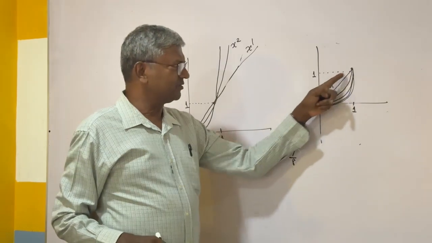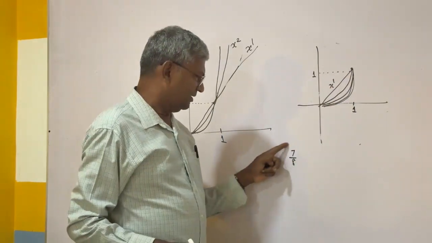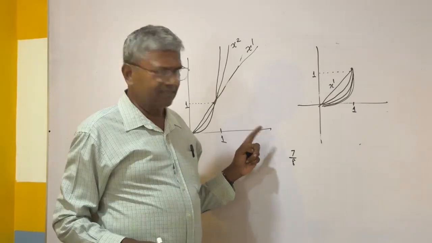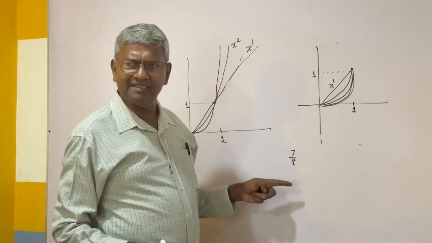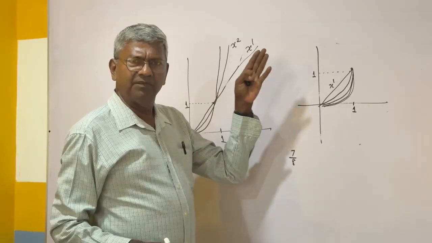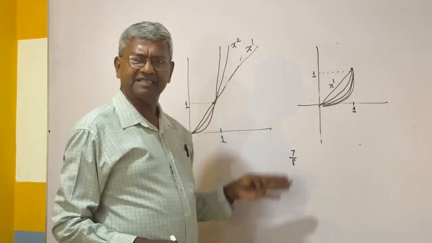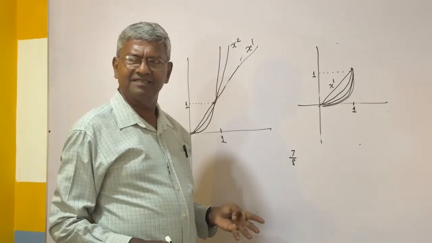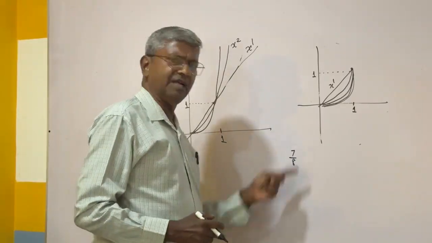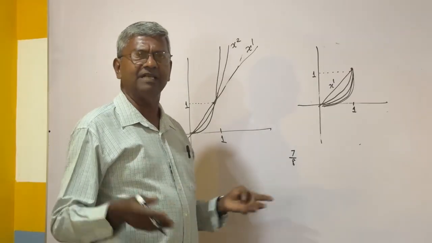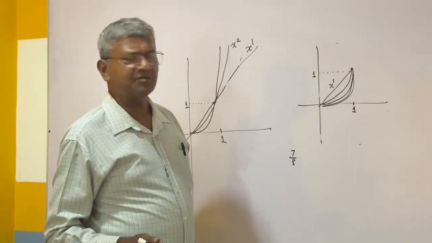The first one is x to the 1, 7 over 8. x to the 2, 7 over 8 whole thing squared. Next one is 7 over 8 cubed, then 7 over 8 to the 4, to the 5, to the 6, to the 7. When n goes to infinity, to which number will this 7 over 8 to the n approach? 0, it comes to 0.